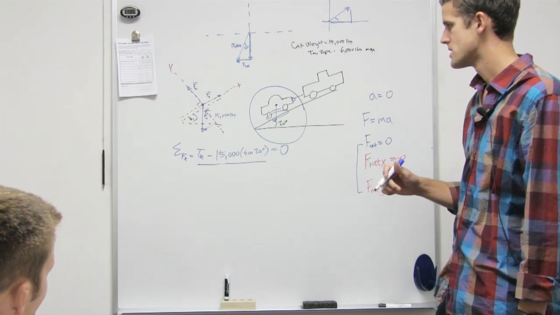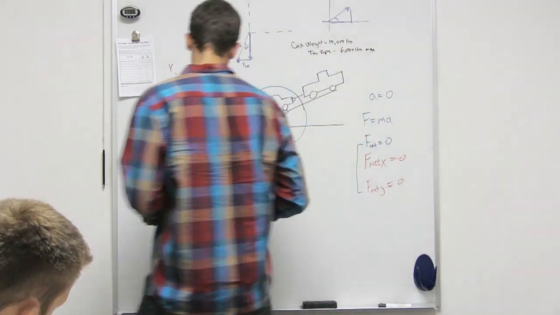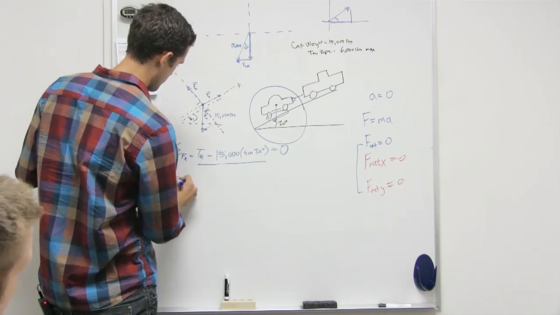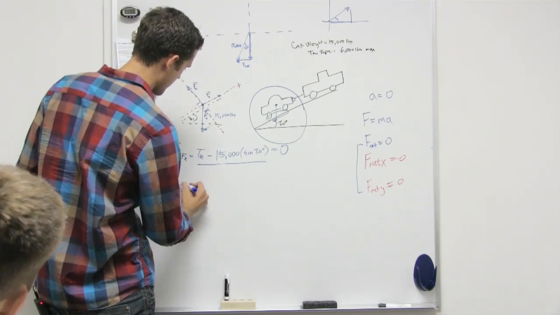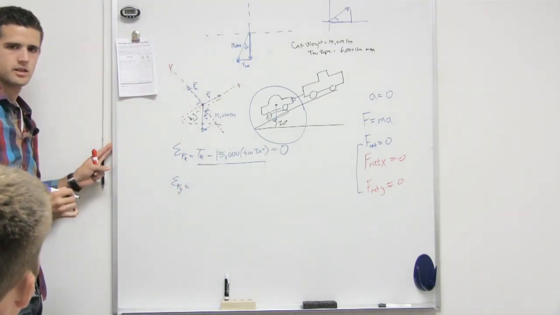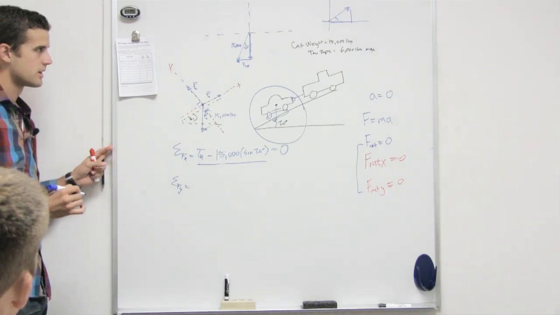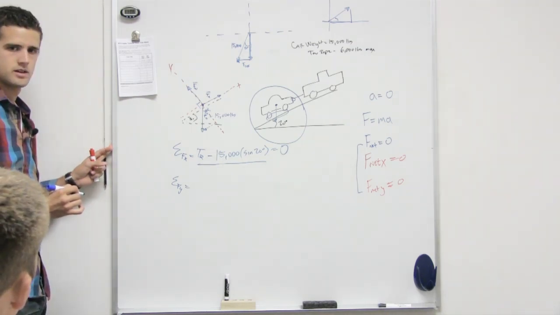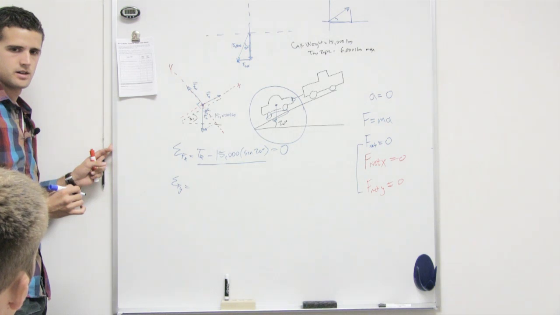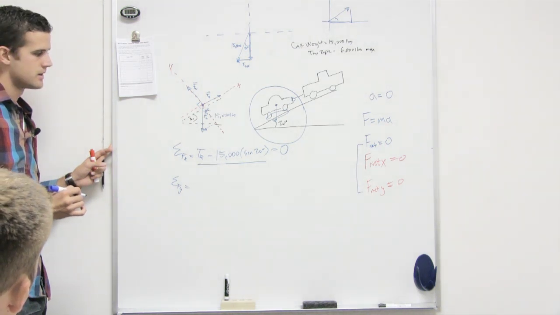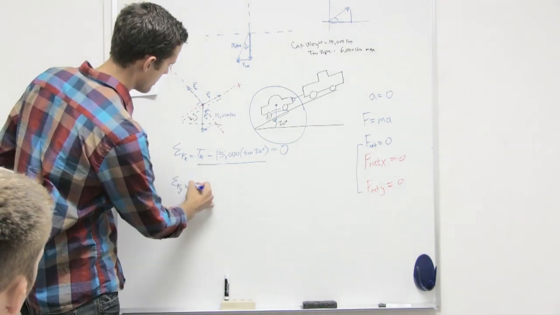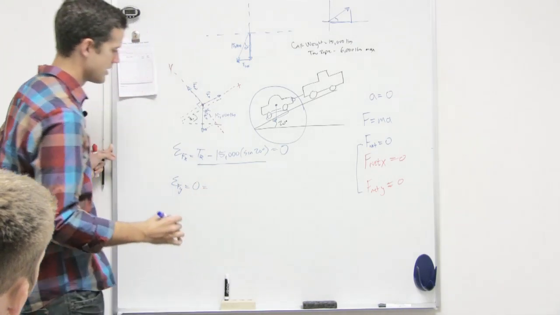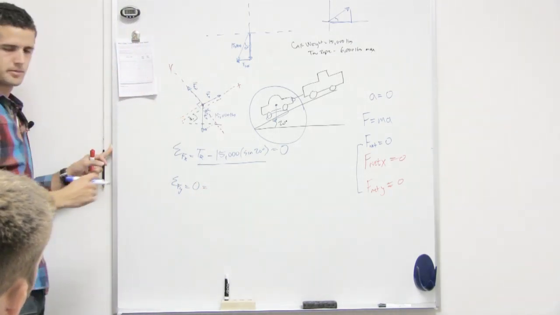Okay? So then we can do the same thing with y. So the forces of y equal what? Zero. Yeah, so they will equal 0. But what do they equal in our free body diagram?